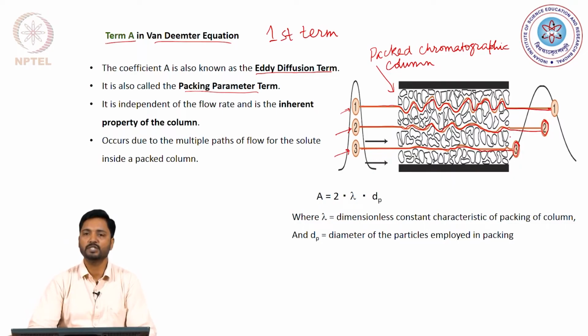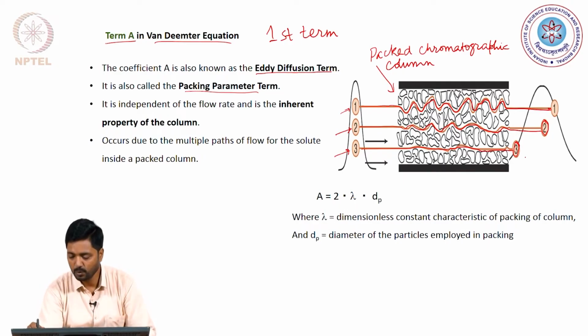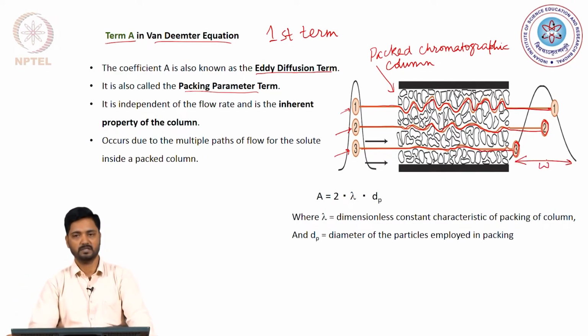So, these differences in the path that our solute molecules take inside the chromatographic column will dictate how spread out this peak is, and we have already explained that the peak spread can also be explained in terms of the width at the baseline.